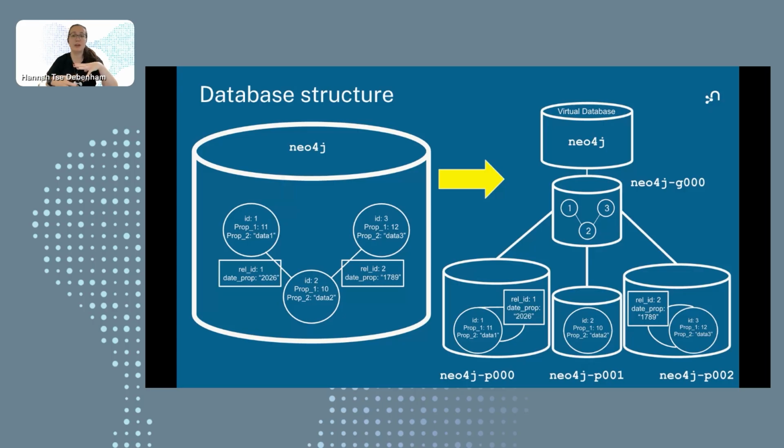So, for example, if I had a graph containing person nodes and friendship relationships, if I wanted to find all of my personal friend of friend of friend people, I could first match on a node which had the name Hannah, which would involve accessing the property shard to check the name property and find the one which is Hannah. But then finding the friend of friend of friend nodes can be done at the graph shard level. And I would only need to access the property shards again when returning the names of my connections.